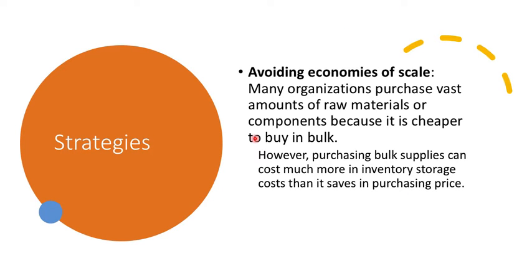Avoiding economies of scale. As I mentioned in the last slide, the storage cost is way more than investing in it. So for inventory, many organizations purchase a vast amount of raw material or components because it is cheaper to buy in bulk. However, purchasing bulk supplies can cost much more in inventory storage cost than it saves in purchasing price. As I already mentioned, carrying inventory cost is a lot.